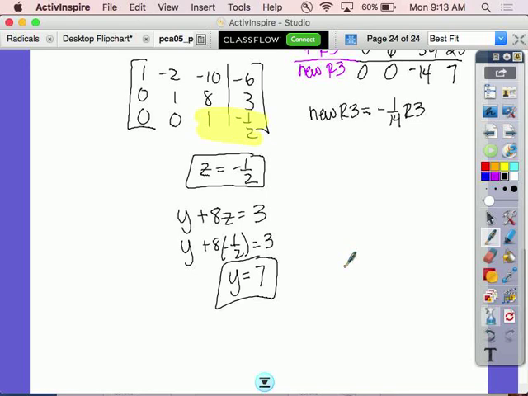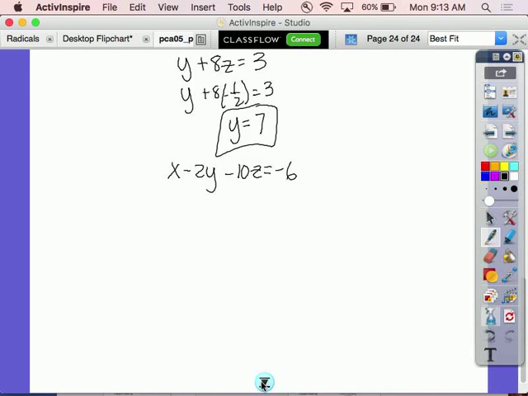So lastly, we can use row 1, which tells us that x minus 2y minus 10z equals negative 6. And we will substitute 7 for y, negative 1/2 for z, and solve for x.